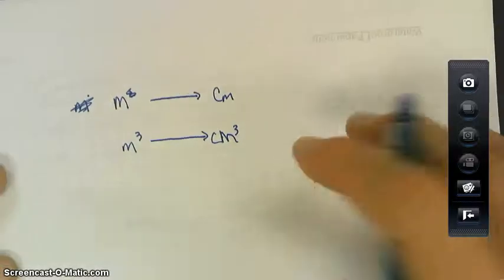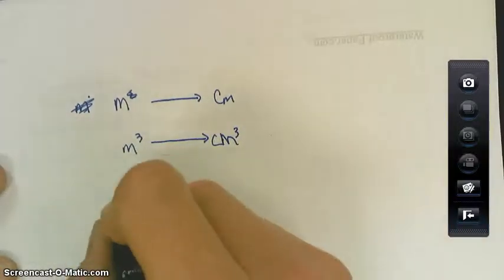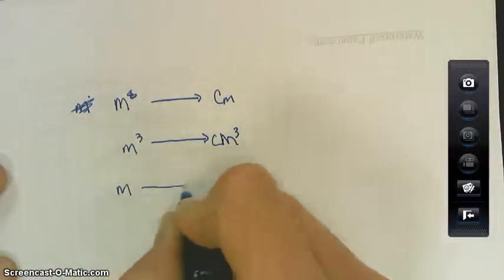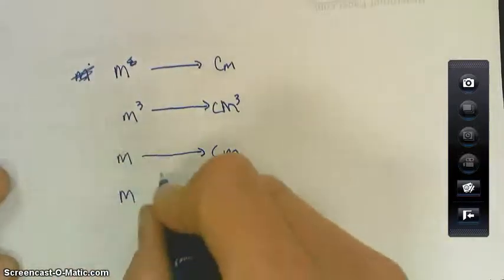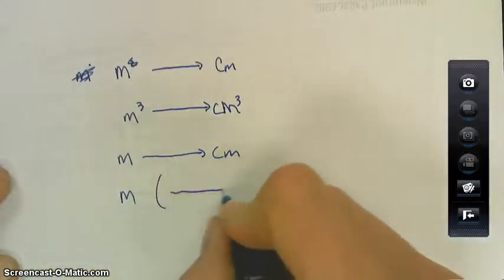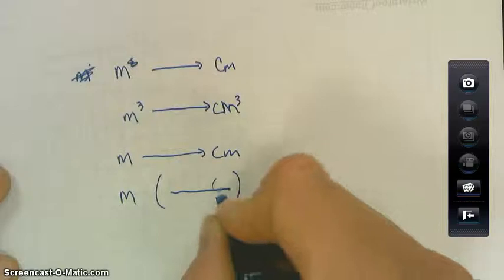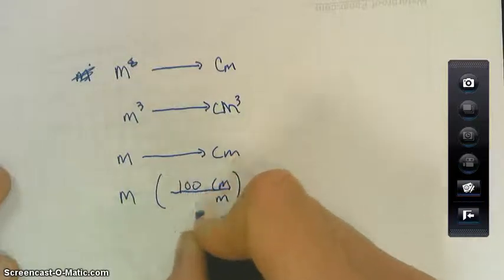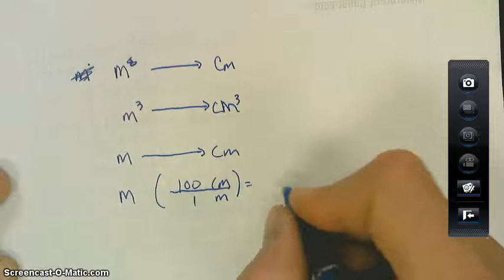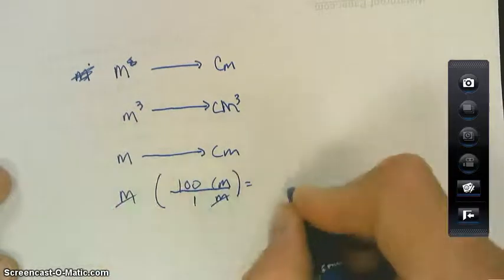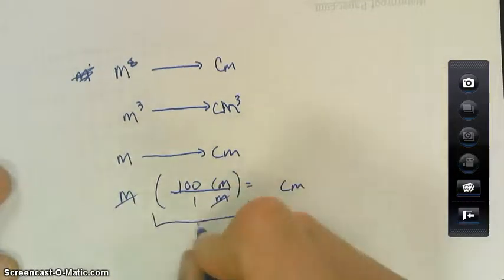So again, we know meters to centimeters. If I want to go from meters to centimeters, what I would do is use my factor label method, meters on bottom, centimeters on top, 100 centimeters to 1 meter. That's going to be equal to centimeters. So again, here's my conversion factor.